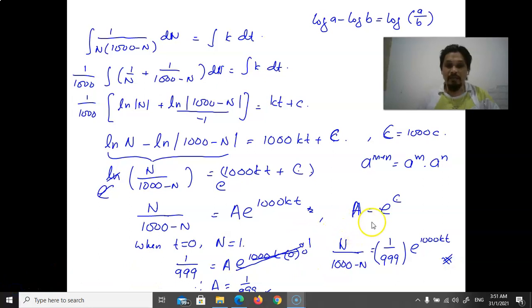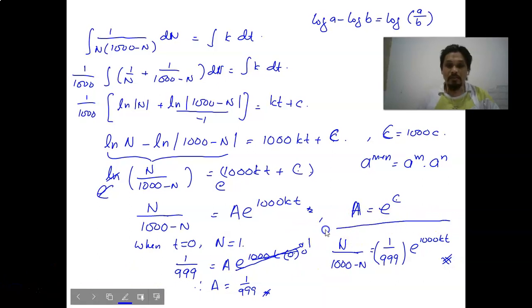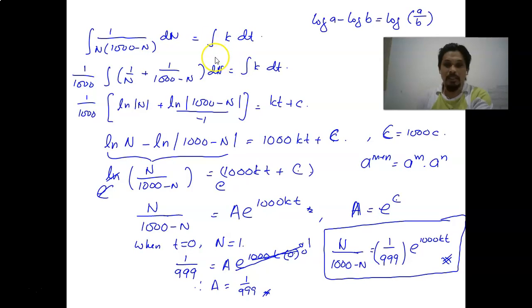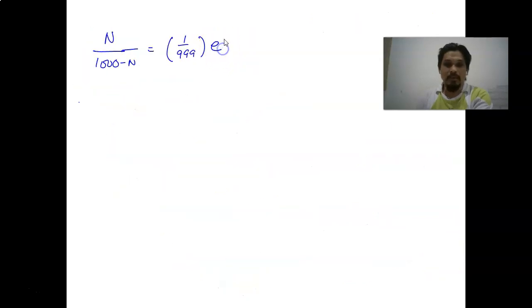Okay, now we bring this to the next page. n divided by 1000 minus n equal to 1 over 999 e power of 1000 kt.